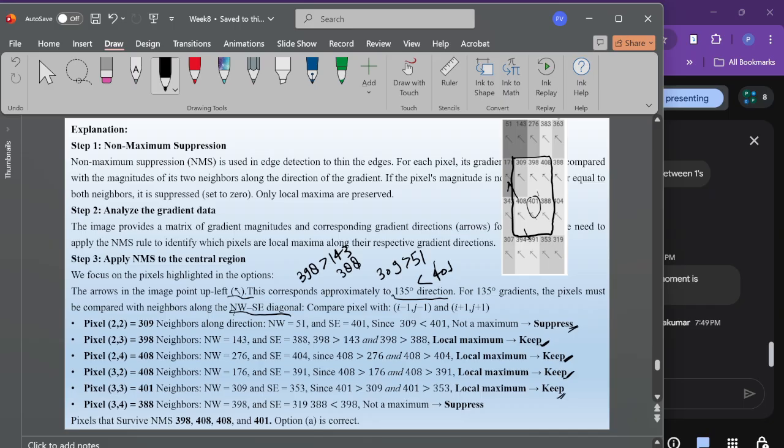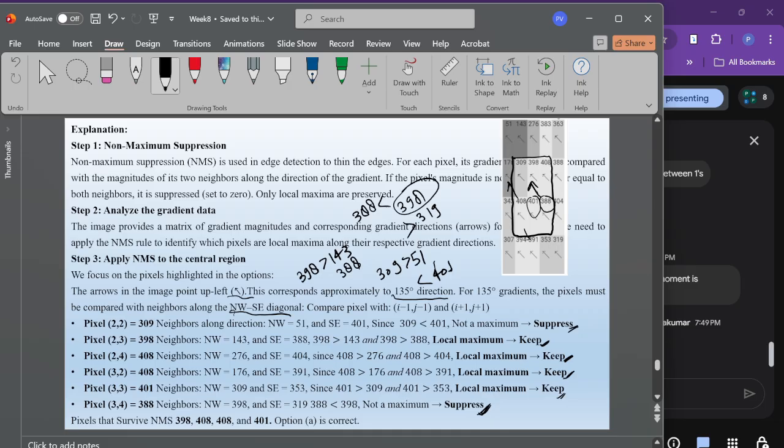Now the next one is 388, the last one. For 388, the northwest is 398 and the next one is 319. So 388 is less than 398 but greater than 319. Since it is less than one neighboring value, it is not a maximum, so we will suppress it.